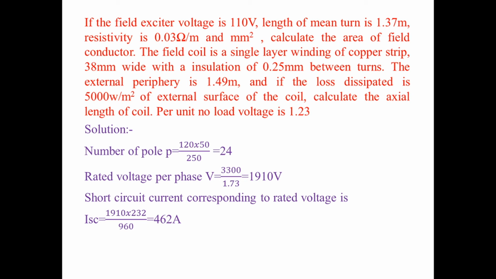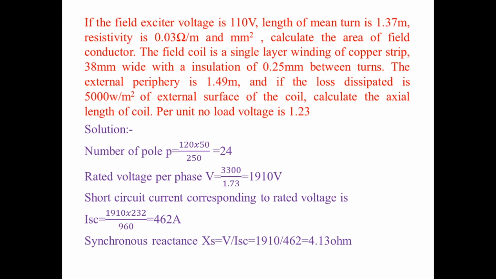So for 960 volts, the short circuit current is 232, means for us the rated voltage per phase is 1910. So what is the value of short circuit current corresponding to the rated voltage, we need to calculate. So 1910 into 232 divided by 960 volts. So by solving that one, we will be getting 462 amps is the short circuit current corresponding to the given rated voltage.